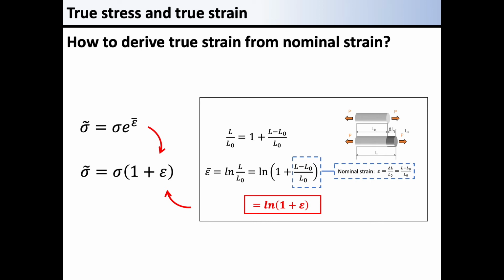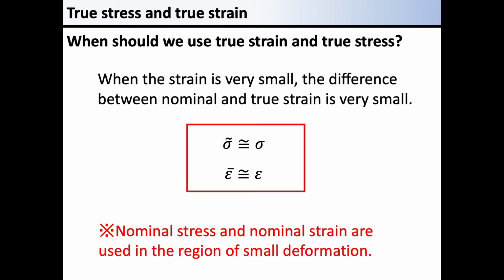For example, if you have calculation software like Excel, the easiest way to find the true stress and true strain is to use the equations for nominal stress and nominal strain. Here, you should understand the relationship between nominal and true strain and true stress with respect to the equations. When should we use true strain and true stress? When the strain is very small, the difference between nominal and true strain is very small.